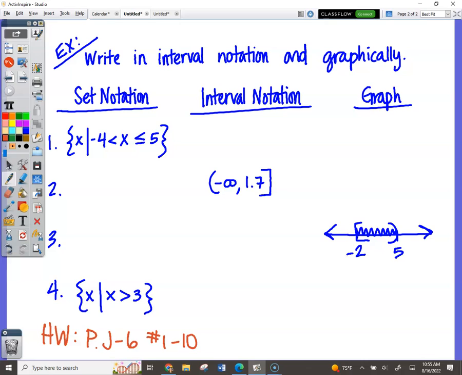So everyone should be done with number 1, right?